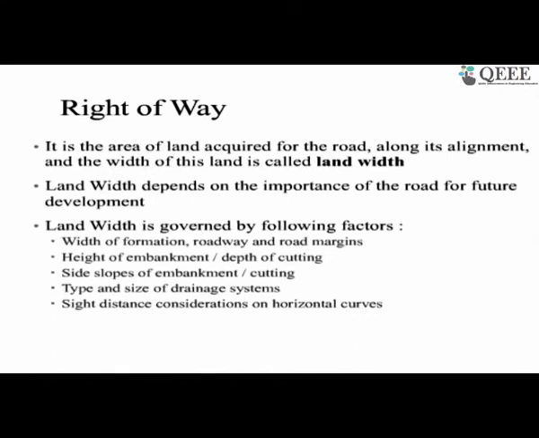So in this right of way, basically an agency needs to acquire this land for construction, and this depends on the kind of embankment you need at certain sections. So if you have a high embankment, means your foundation is going to be spread over a wider cross section, and then you need more right of way.